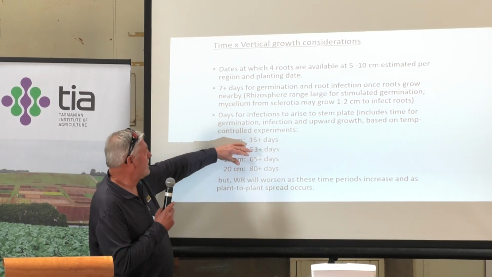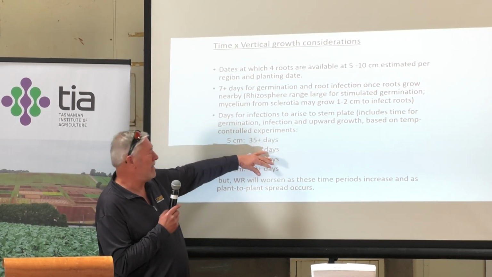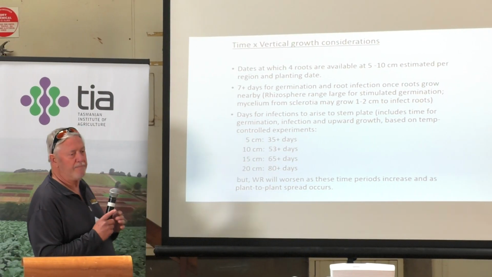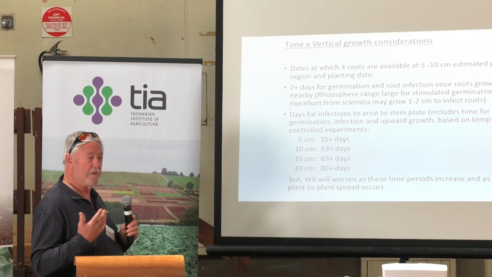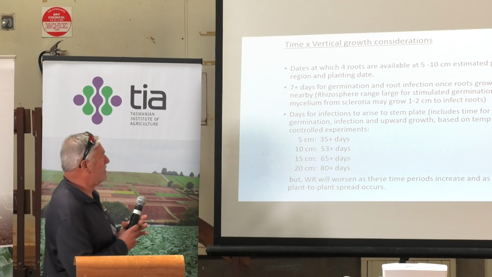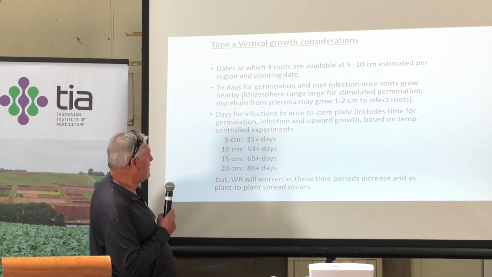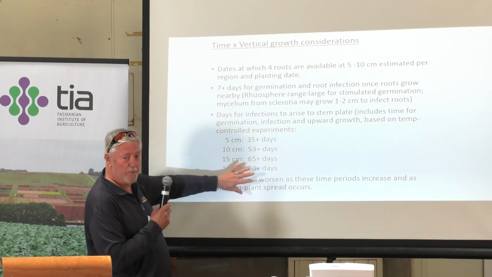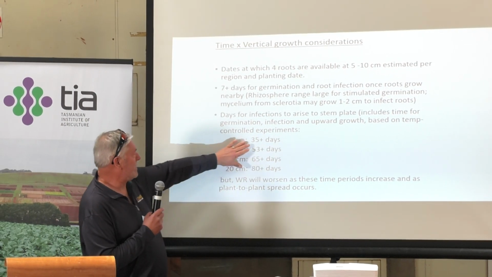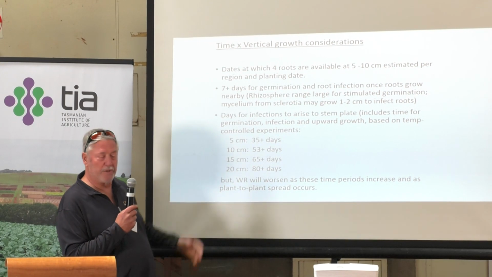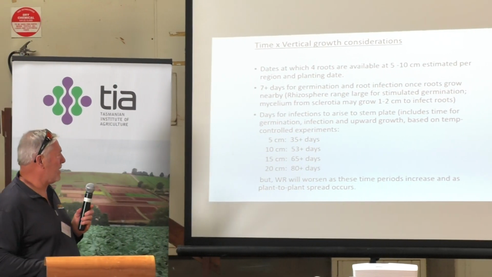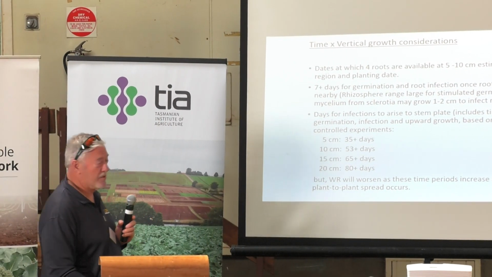And so for sclerotia that are at the 5 centimeter level, it takes about 35 days after a 4-root population in that area for infection to occur at the bulb. And as you get progressively lower, I hope you can read this data, it takes longer for that whole process to occur. And so part of the model takes advantage of those time lags.